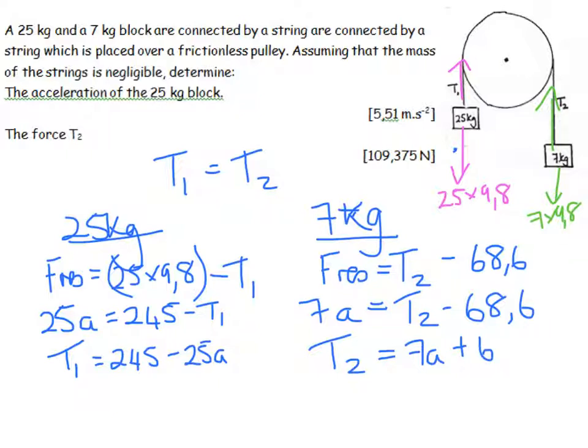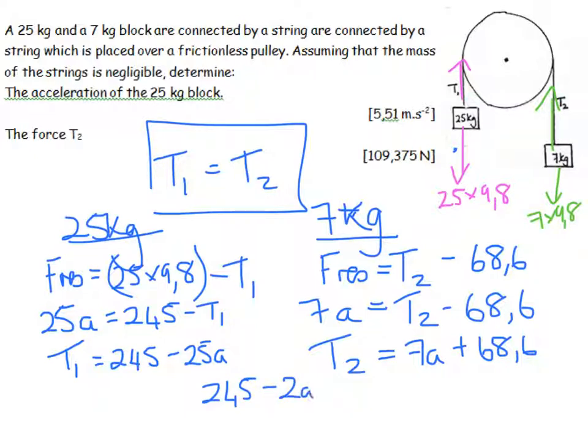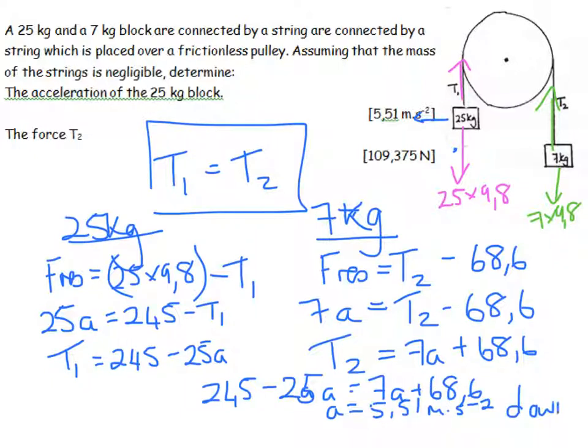plus 68.6. But we do know that T1 is equal to T2, so I can put these together: 245 minus 25a is equal to 7a plus 68.6, and I find that a turns out to be 5.51 meters per second squared. And they're asking for the 25 kilogram block, so the 25 kilogram block is going downwards.